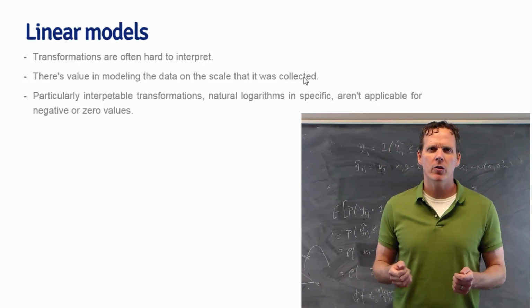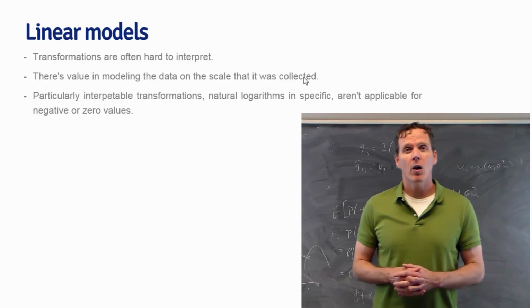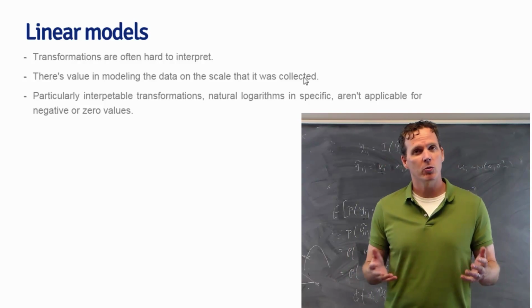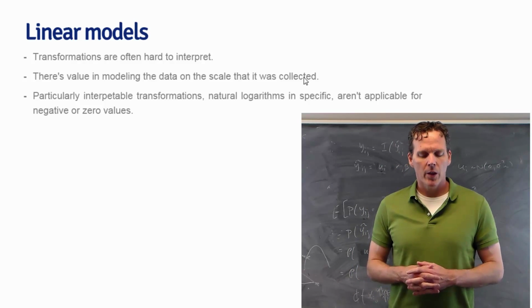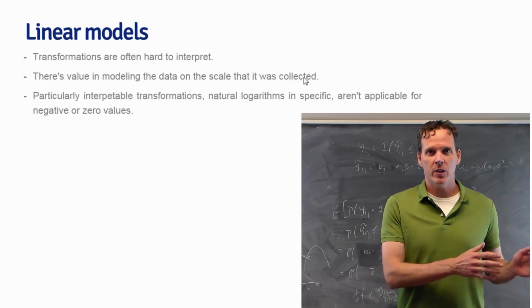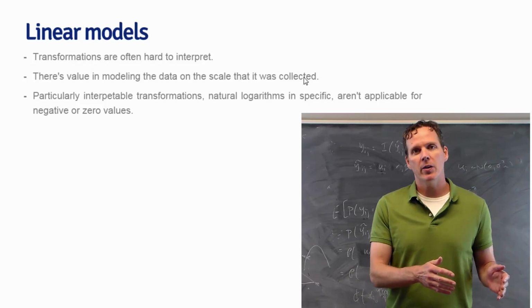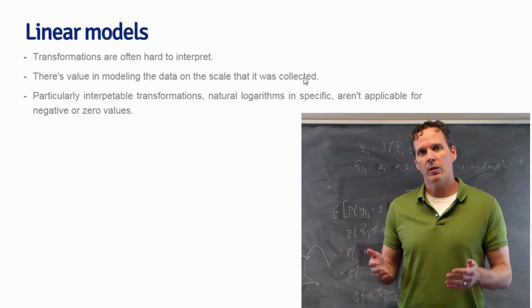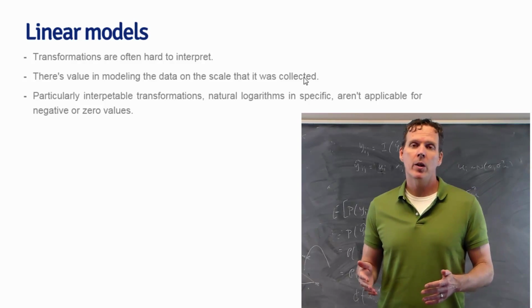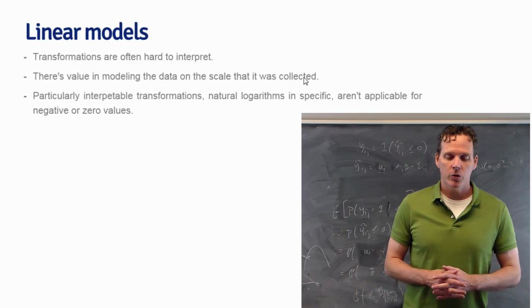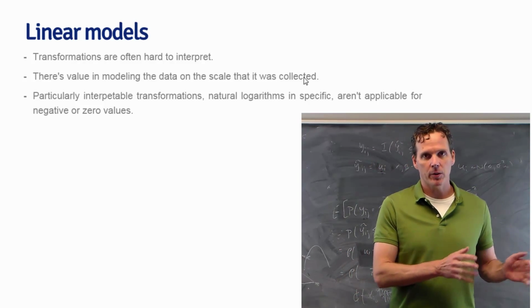That often destroys a large amount of interpretability of our model coefficients, which is a real problem. The log transformation, I would say, is in a class of its own, and in many ways can make the coefficients more interpretable. So we'll discuss that separately.